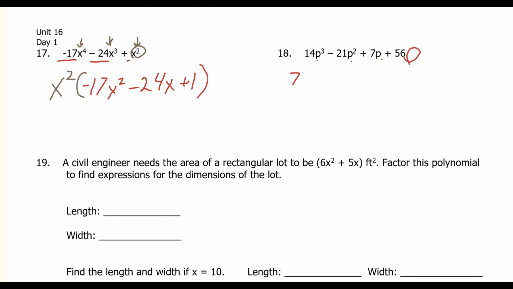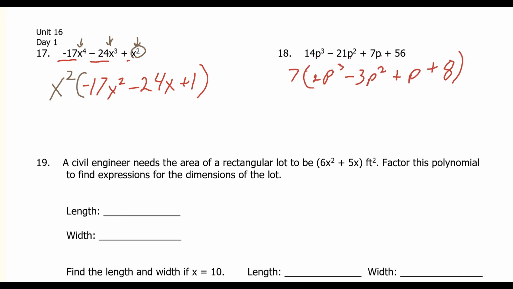That means that we cannot factor out a P. So we're just going to leave it as 7. Now 7 goes into 14 2 times, so 2p cubed minus 3p squared plus p plus, let's see, 7 times 8 is 56. And there we have it.